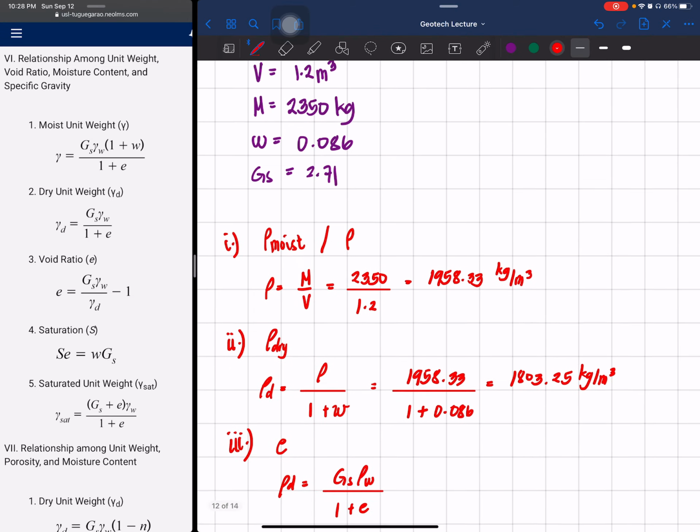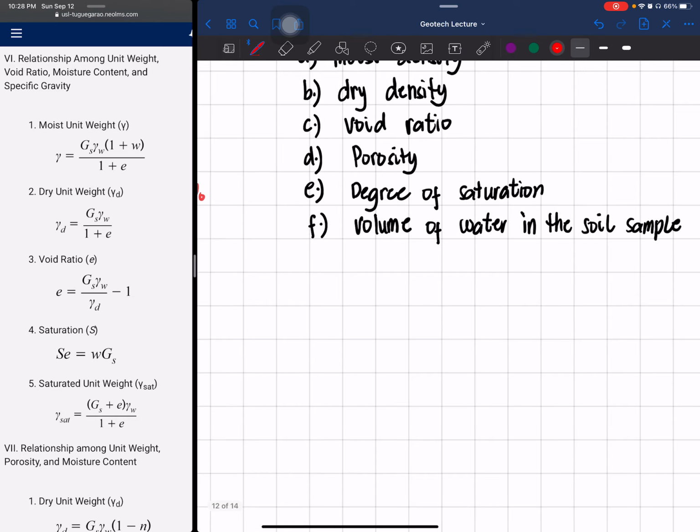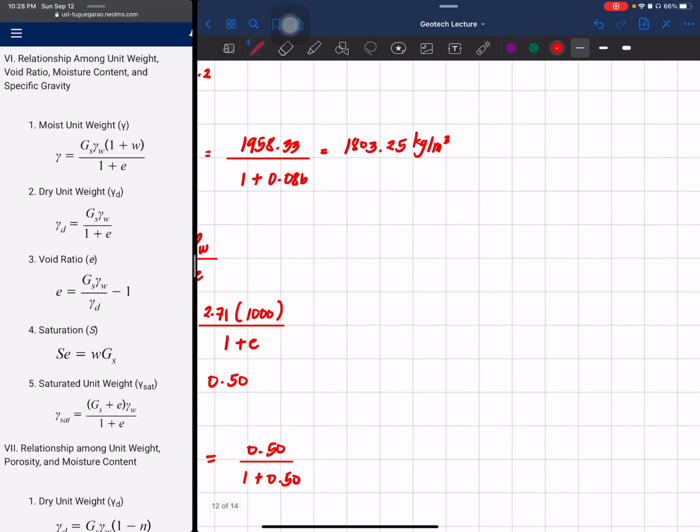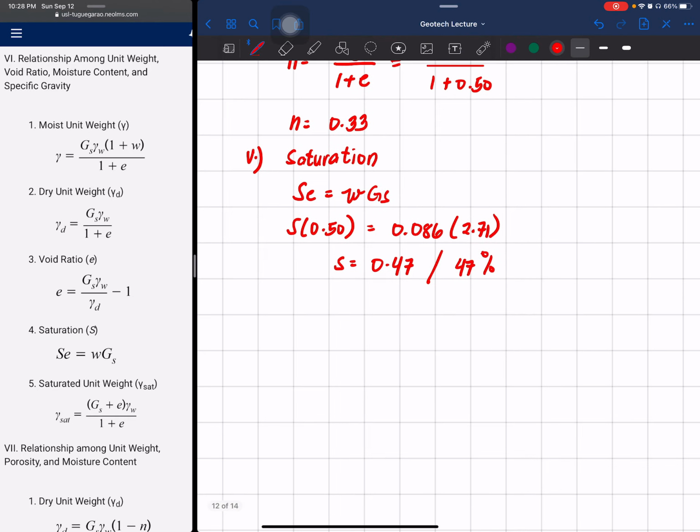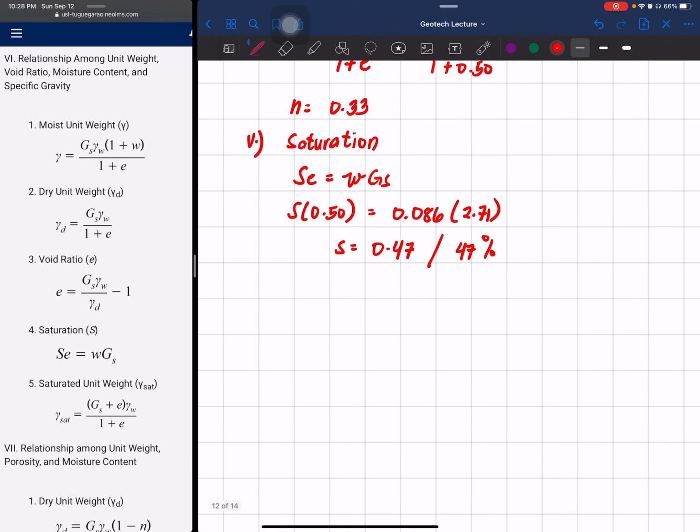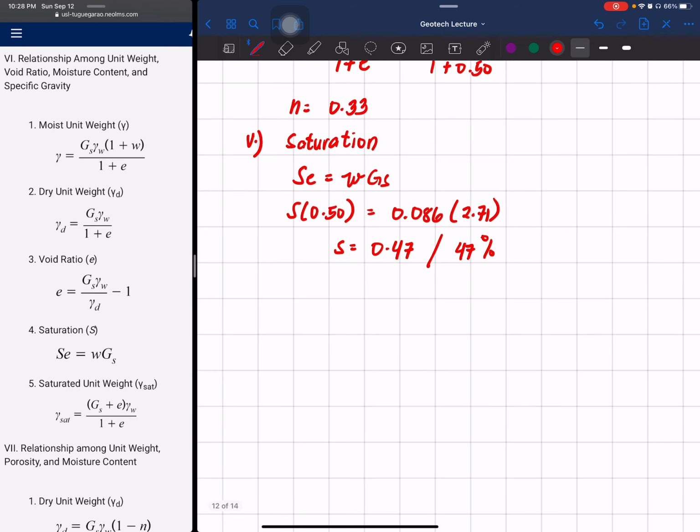Next thing, we have to compute the volume of water in the soil sample. So in this case, guys, we all know that, let me just write it here, in the soil.